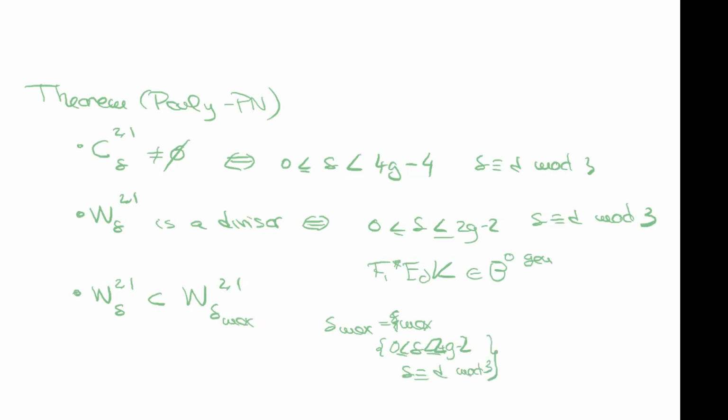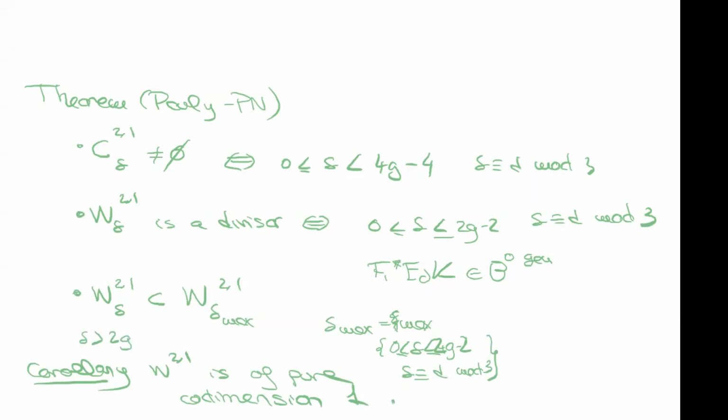Okay, so as a corollary, the wobbly locus of type 2-1 is of pure codimension 1. And I should say if delta is greater than 2g minus 2, sorry.